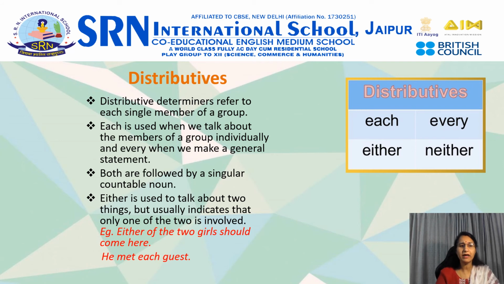Both are followed by a singular countable noun, like he met each guest, or the minister visited every flood affected area. Either is used to talk about two things, but usually indicates that only one of the two is involved.